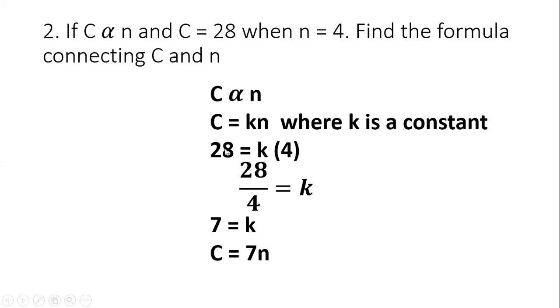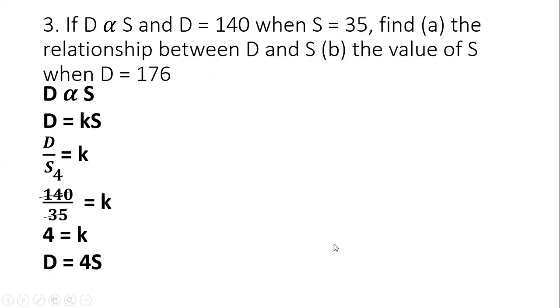We substitute 28 for C and 4 for N. Making K the subject, K is 28 divided by 4, which is 7. K is 7. So substituting that into the formula, C equals 7N.